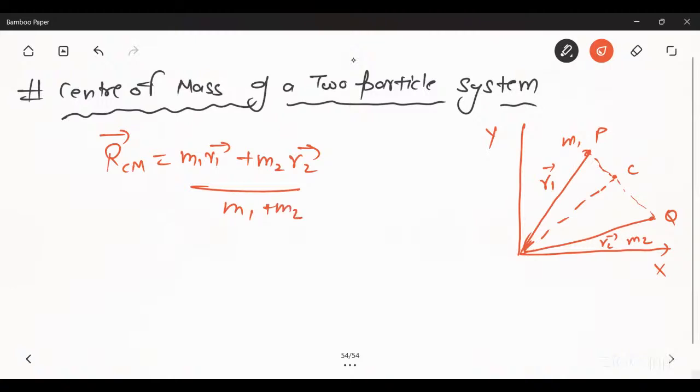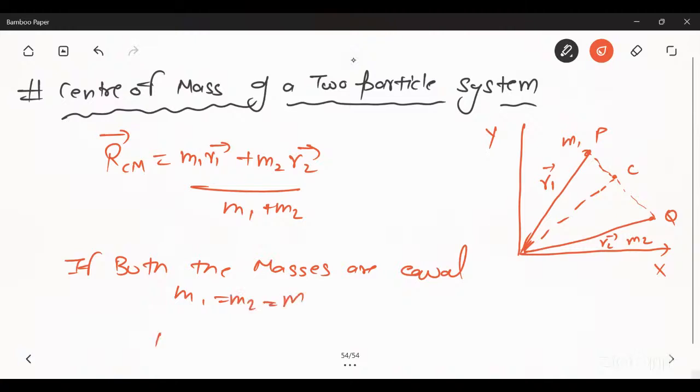If both the masses are equal, so m1 equal to m2 equal to m, then RCM vector is equal to m r1 vector plus m r2 vector upon m plus m. It became 2m, so r1 vector plus r2 vector by 2 will be its value.